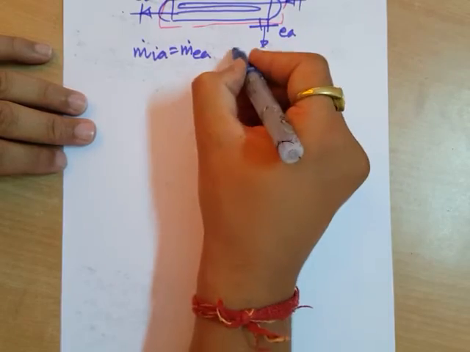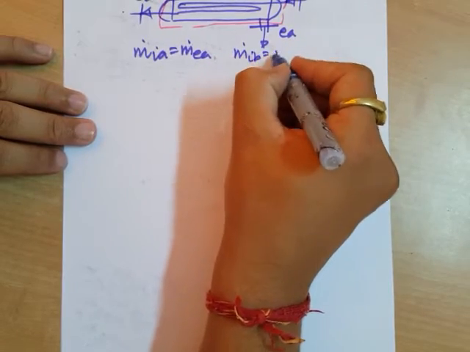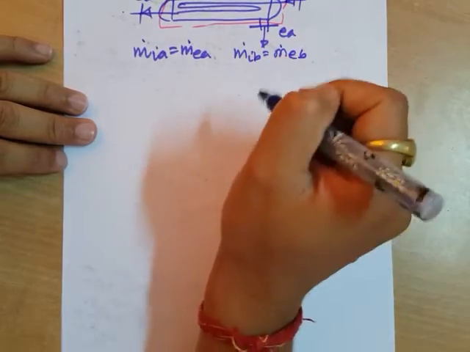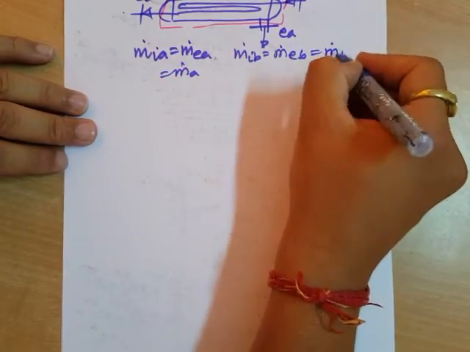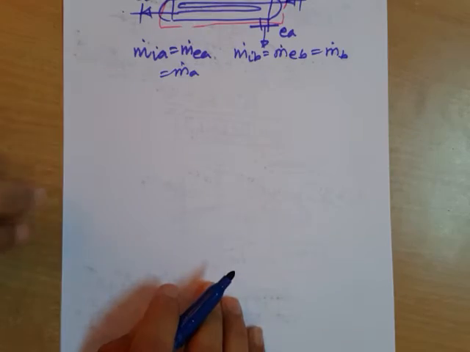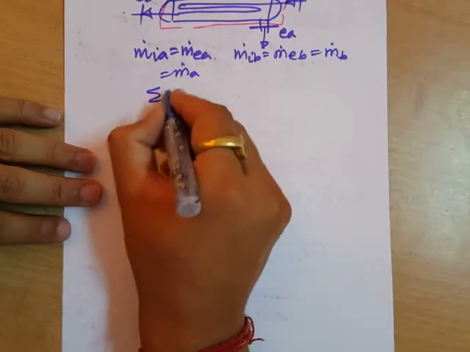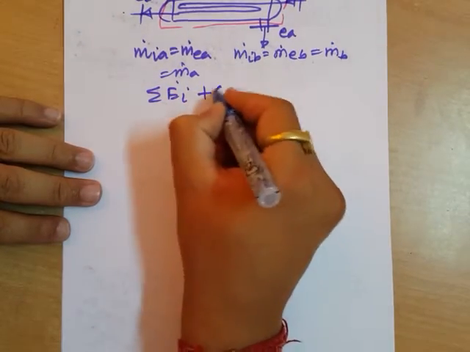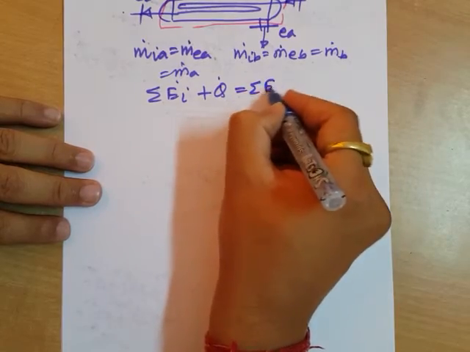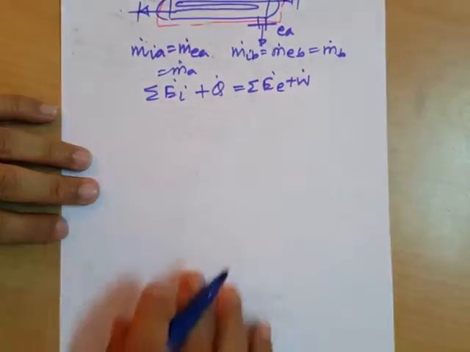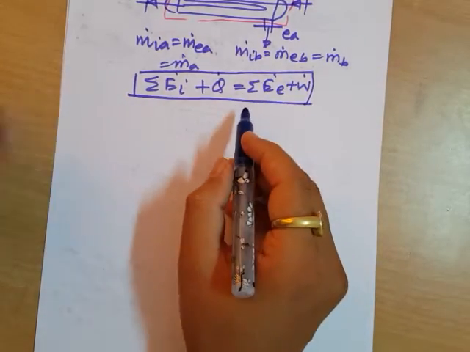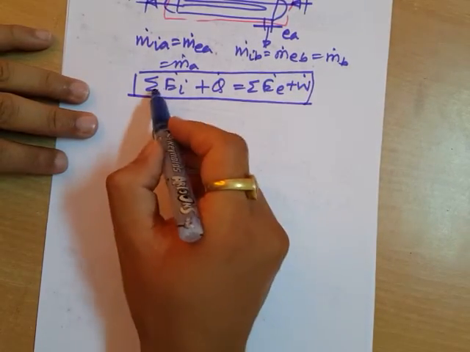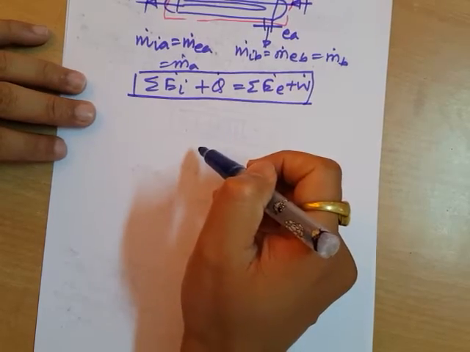At the same time, the rate at which fluid B enters is equal to the rate at which fluid B leaves. Let us say this is m dot A and this is m dot B. So we know that sigma E dot I plus Q dot is equal to sigma E dot E plus W dot. This is my steady flow energy equation in the general sense, where multiple streams are entering and multiple streams are leaving.